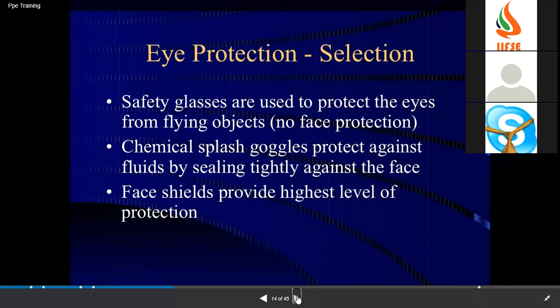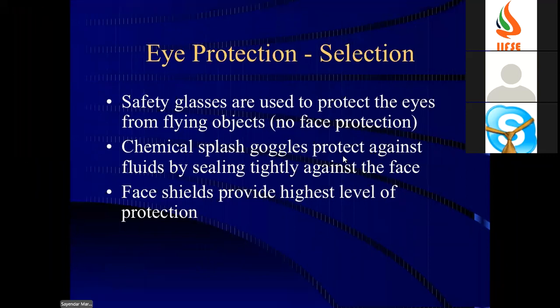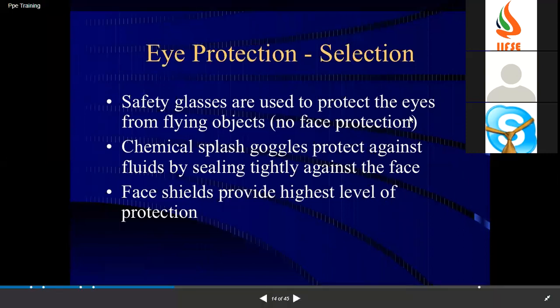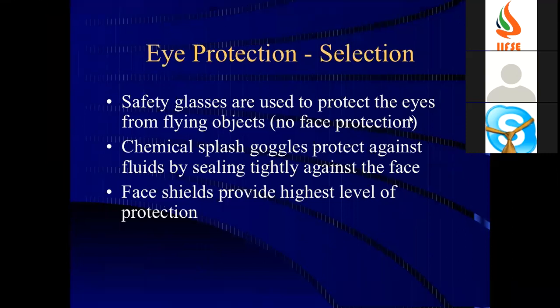How should the eye protection be selected? In the exam they'll ask what are the challenges faced while using PPE, and you can write a few. They may also ask what things you have to consider in the selection process of PPE. Safety glasses are used to protect the eyes from flying objects.